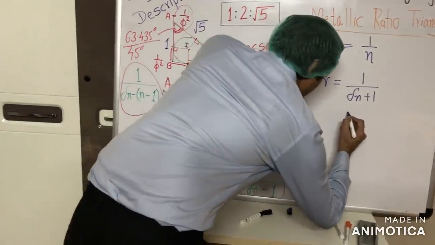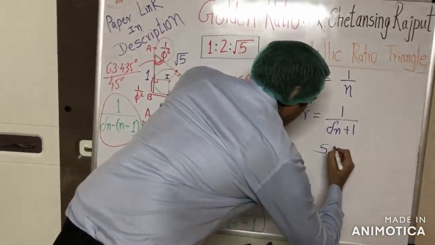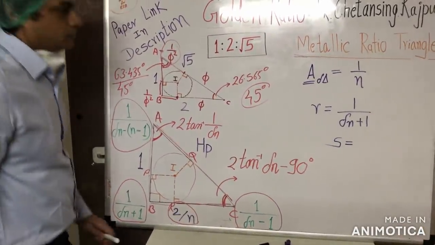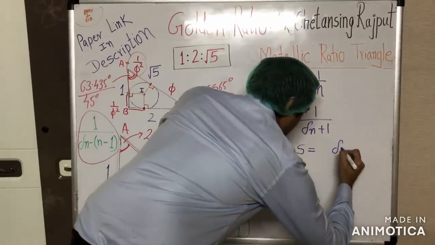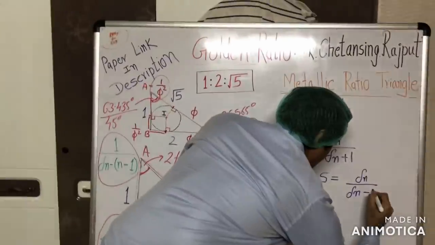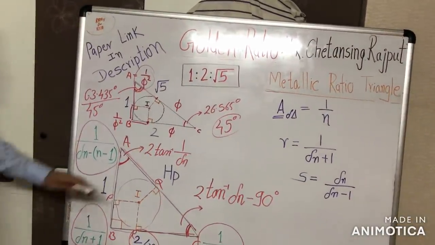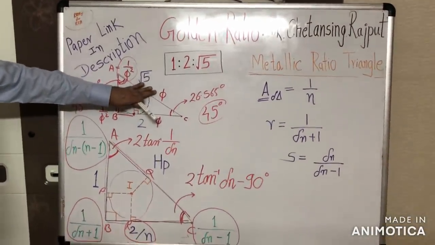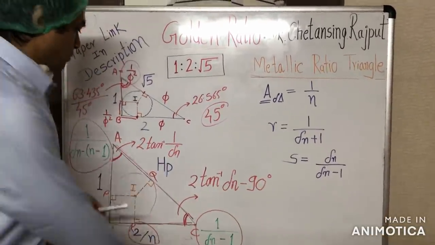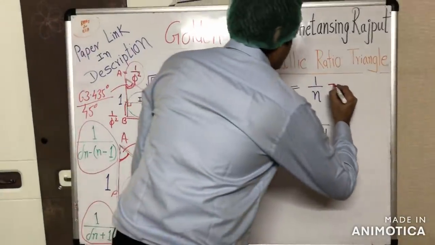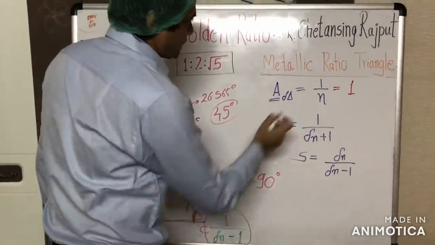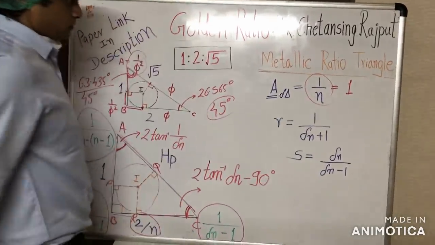The semi-perimeter of this generalized metallic ratio triangle is equal to that metallic ratio upon metallic ratio minus 1. All figures which I have seen in the case of the golden ratio triangle can be generalized like this. For example, the area of the golden ratio triangle was 1; it can be generalized as 1 upon n.